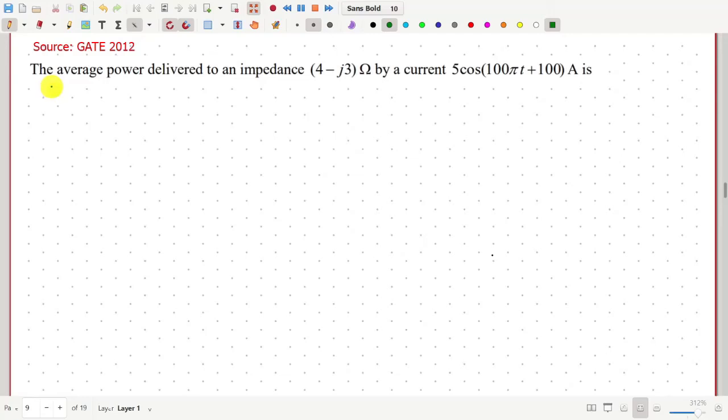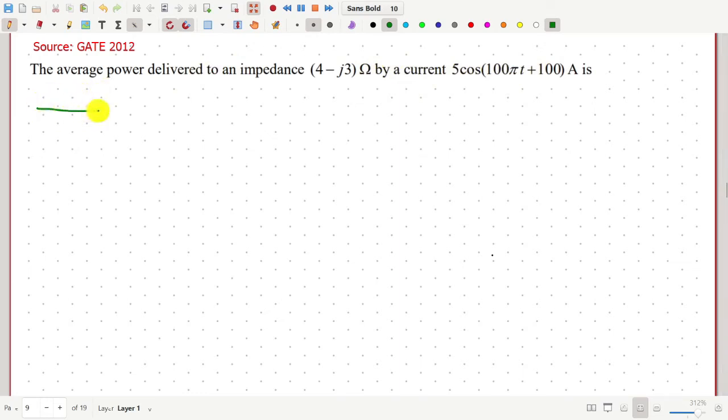We will solve some problems related to power in AC circuits. Here is the first problem. We have to find the average power delivered to an impedance of 4 minus j3 ohm by a current given by this expression.